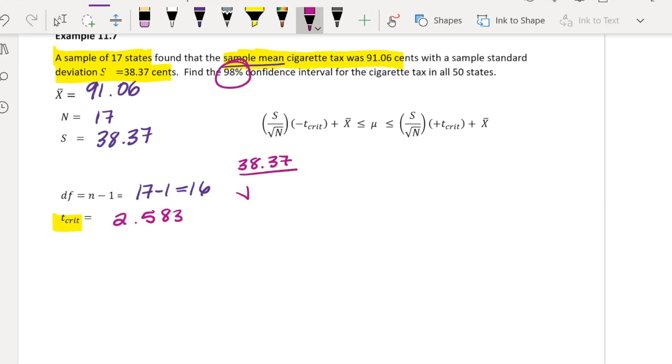38.37 divided by the square root of 17, times 2.583. So here I forgot something, and what I forgot was the minus.